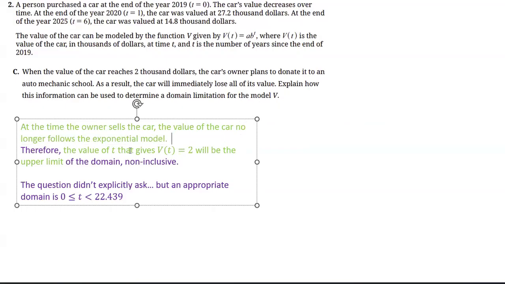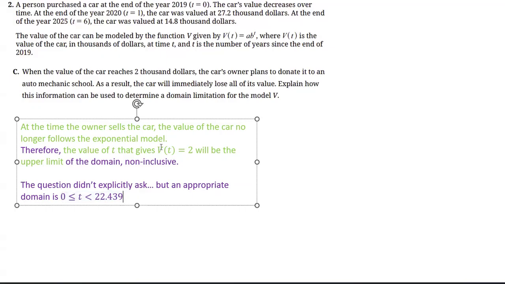Therefore, the value of t that gives V of t equals 2 will be the upper limit of the domain, non-inclusive. We don't want to include whenever this time is, because it will immediately drop to 0. We want it to be 0, according to the description, okay? So this would be the domain over here if the question requires it.